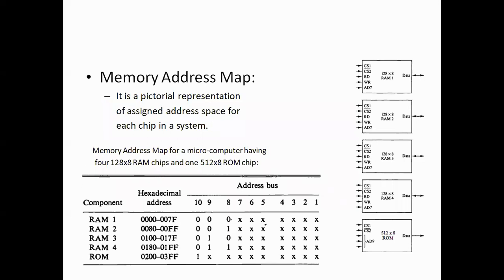So the lowest address will be this, the largest address will be this. So the first address in this RAM in hexadecimal will be 0000, and the address of the last row will be 007F.